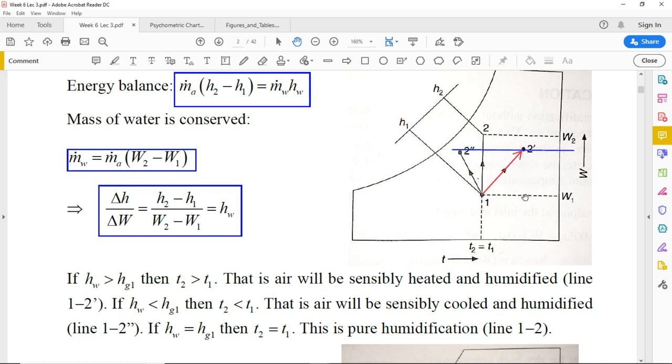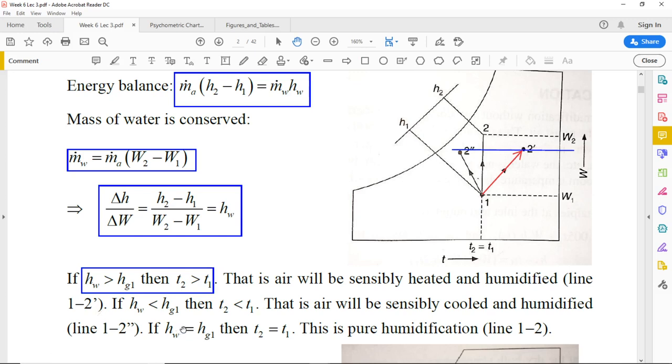So although we have just humidified the air, a secondary effect is that the dry bulb temperature has increased. This is possible if the enthalpy of the water that you are spraying is greater than the enthalpy of saturated vapor at state 1, that is, HW is greater than Hg1. Under that condition we obtain the process line 1 to 2 prime.